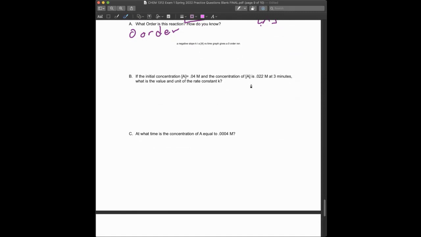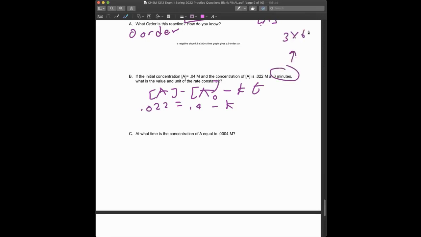Okay, so our next problem: if the initial concentration of A is 0.04 and the concentration of A is 0.02 at 3 minutes, what is the value and unit of the rate constant K? Let's tackle this one.